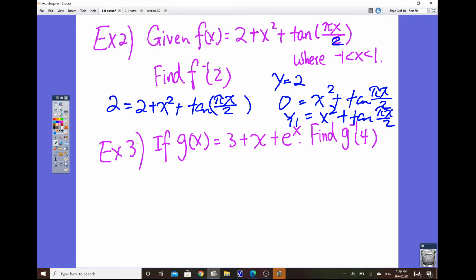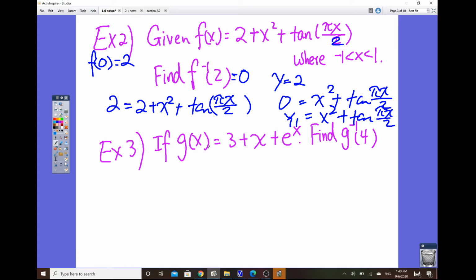So the inverse of f of 2 would be 0 here. In other words, if you plug in 0 for x, f of x is 2. This is just another way to rewrite it for the inverse. Again, if the inverse notation is given, we have to swap the x, y values.